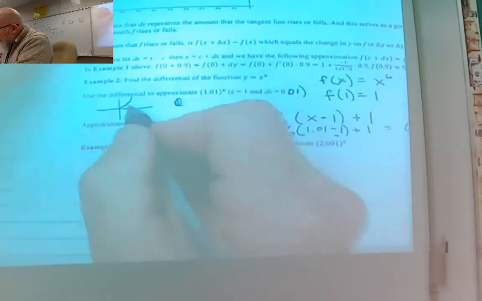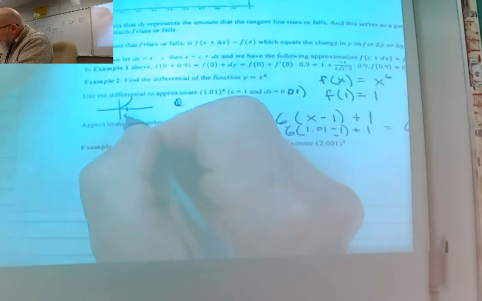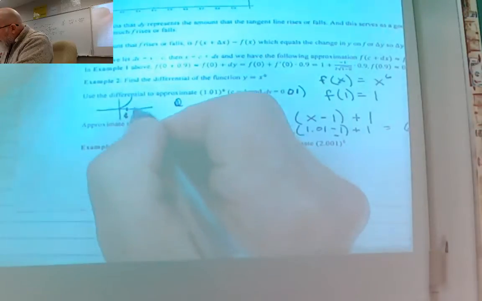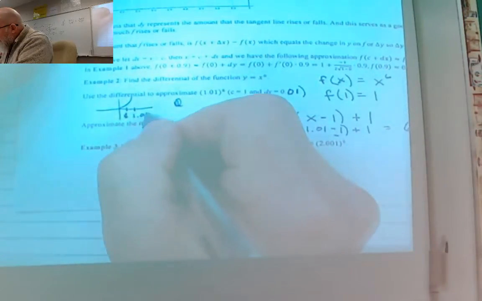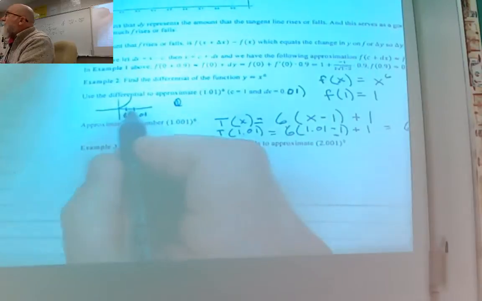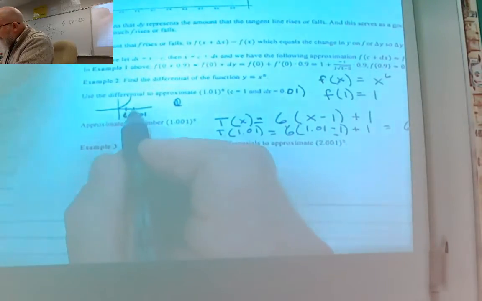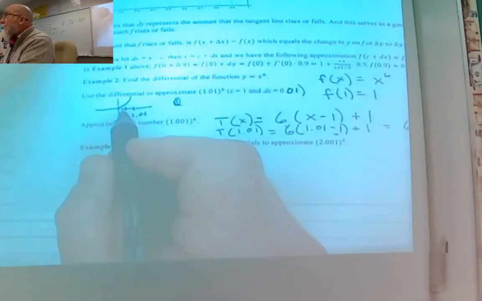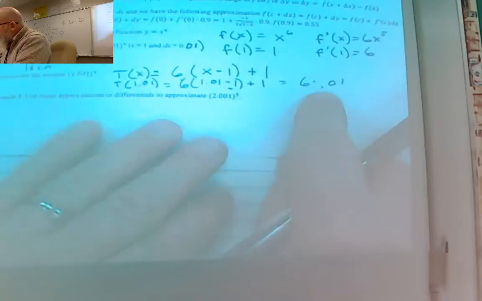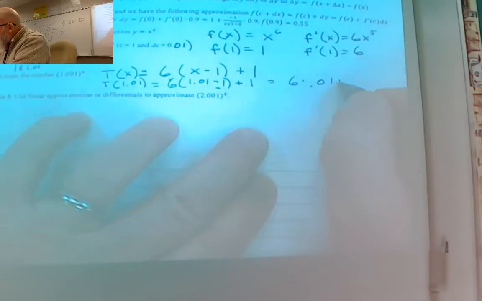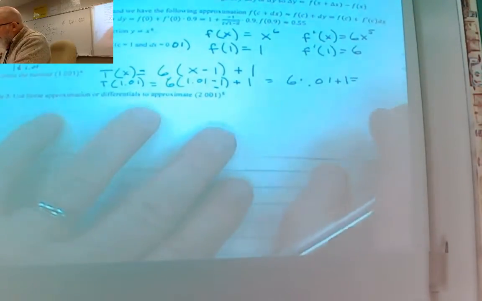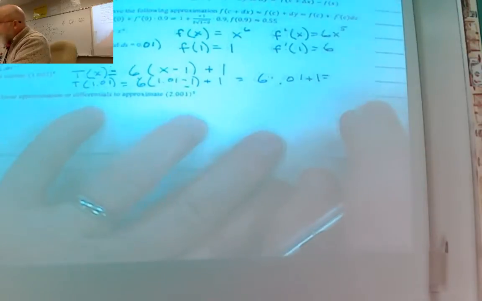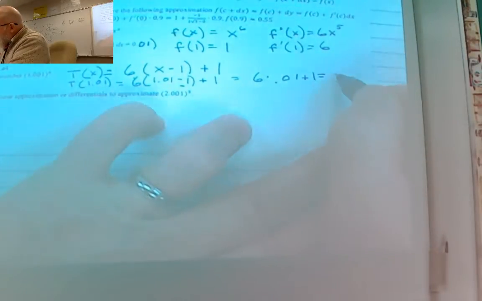And right here is 1. Right here is 1.01. Well, the difference between them is d of x. That's the change from this x to that x. It's 0.01. So I'm going to take 6 times 0.01 and add 1, and I get what is an answer? 1.06.